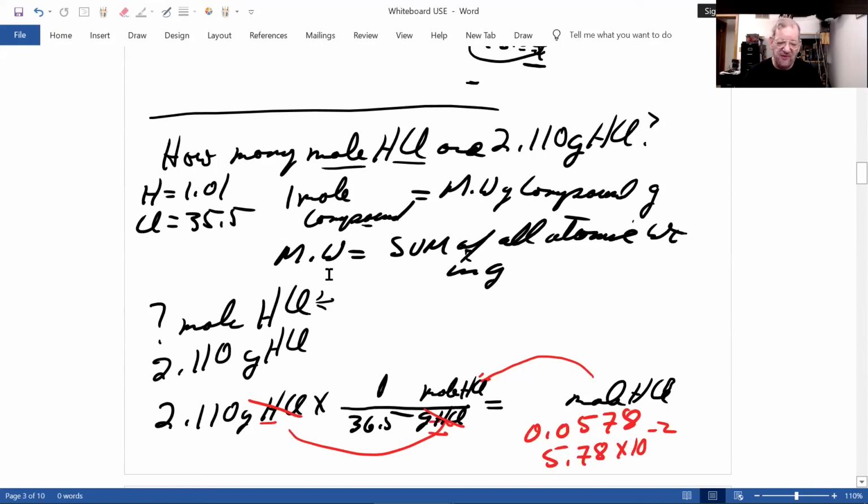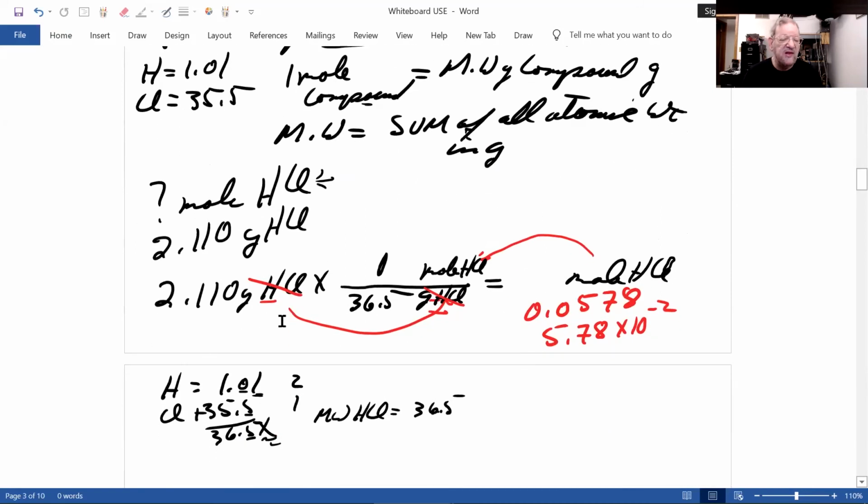And you're also given the molecular weight, MW is shorthand for molecular weight, because Dr. White's lazy, all organic chemists are, equal the sum of atomic weights in grams. So this is what we have to start with, 2.110 grams of HCl. What units do we want to get to in our answer? We figured that out, moles of HCl.